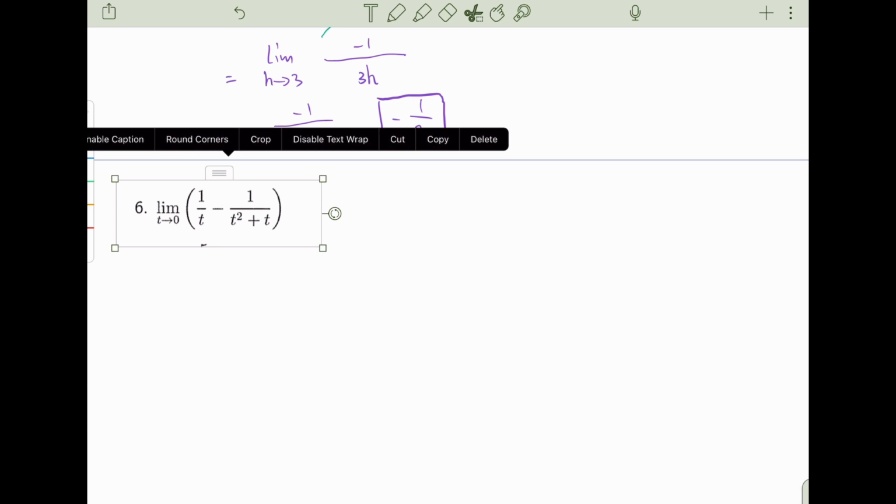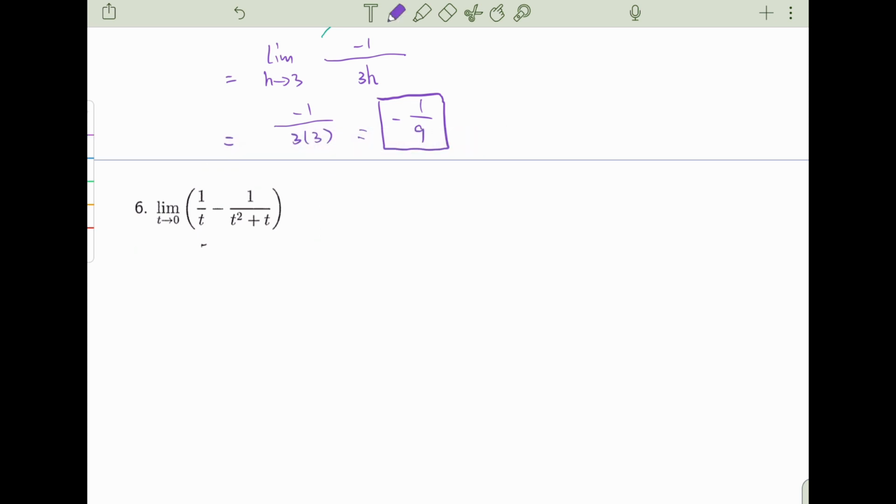Question 6 here, same thing. So if you plug in, you can't get something nice, right? So we need to do some more work before we can plug in. And the first thing that we should do is to simplify the fraction to turn it into one single fraction.